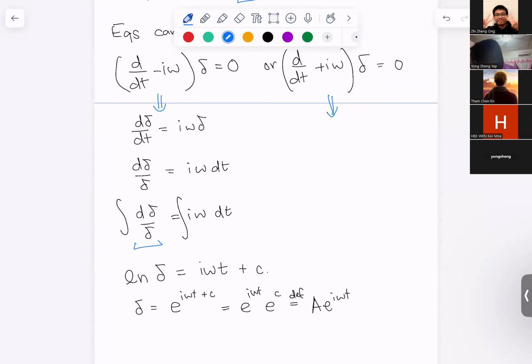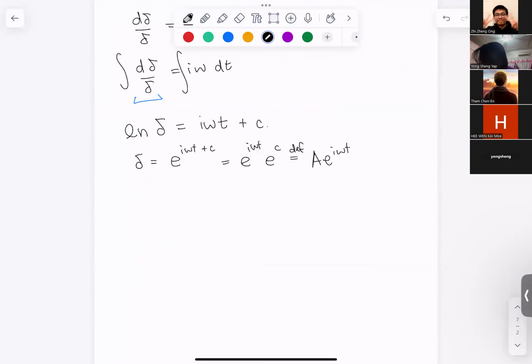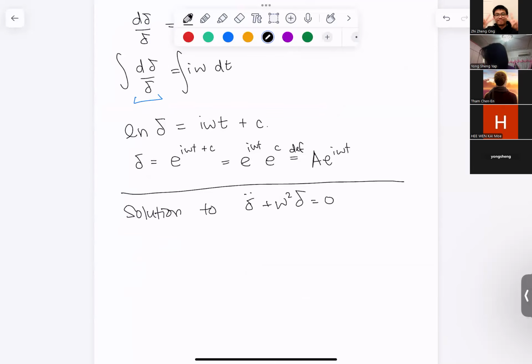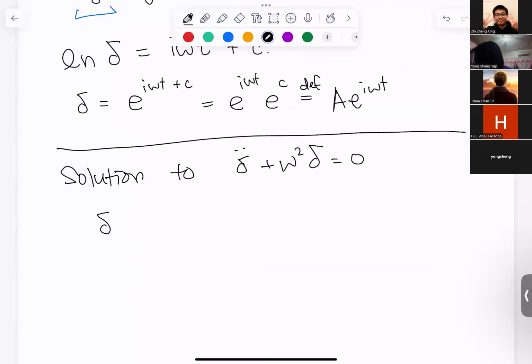Same thing happens for this equation. You can know that this will give you delta is equal to, let's call it b because it can be something different, exponential negative i omega t, because what changed is the sign of omega. Okay, so both of these things are solutions to the equation of motion. The solution to delta double dot plus omega squared delta equals 0 is basically delta is a e to the i omega t.